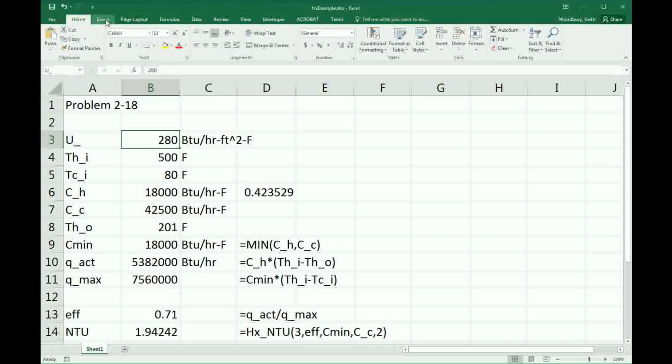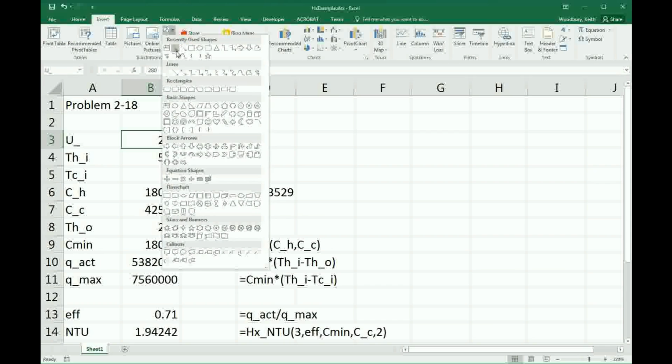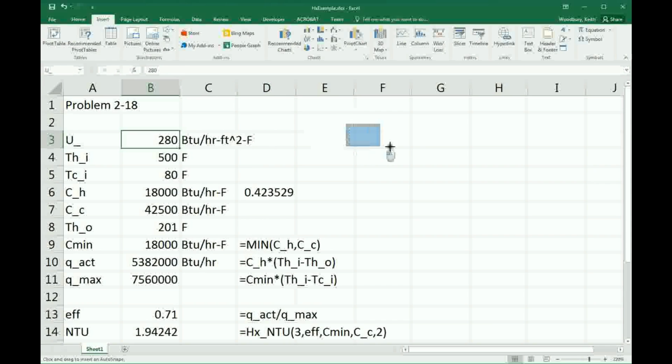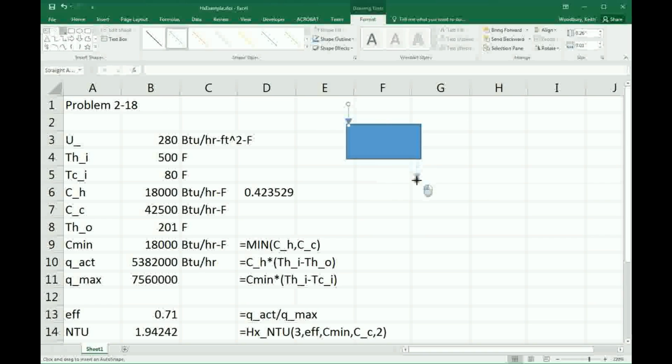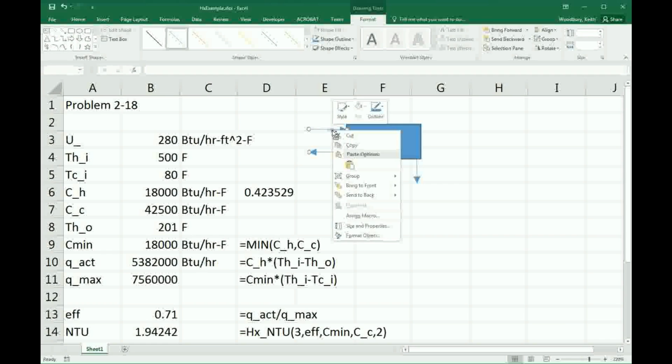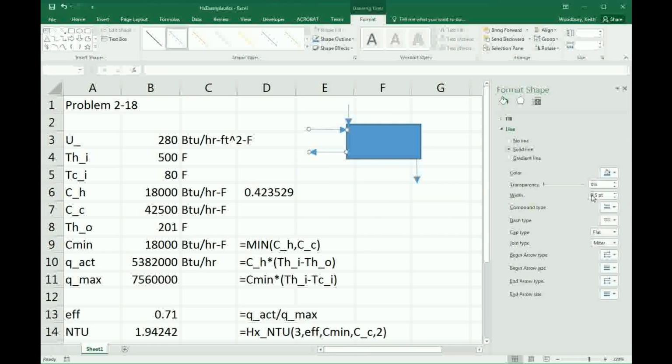I don't have a very good sketch of this problem here. I guess we could try to show it that we've got water in and out on the shell side, and then we've got oil in and out on the tube side, and maybe we could make those a brighter color.